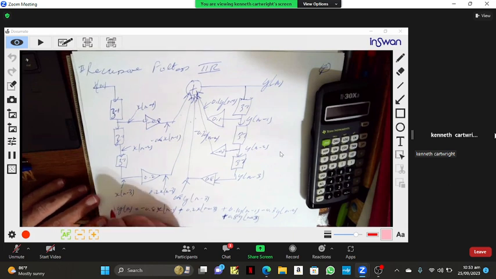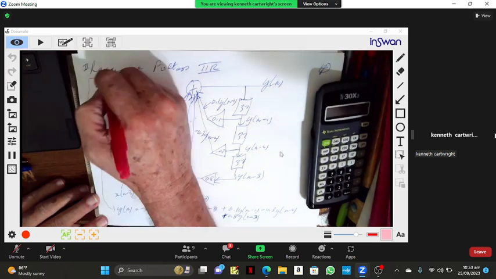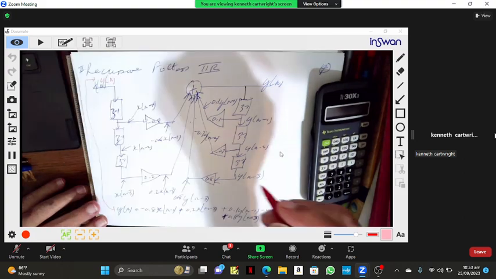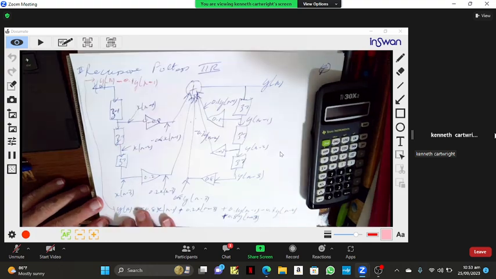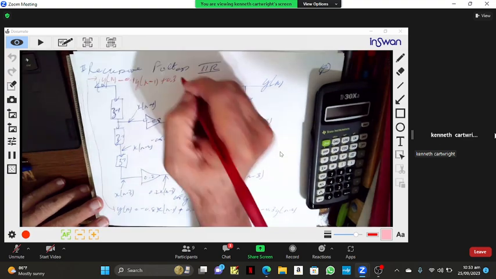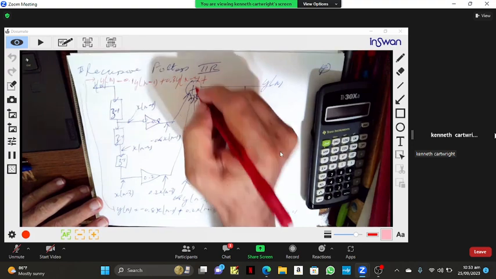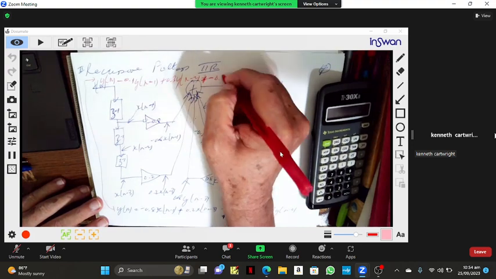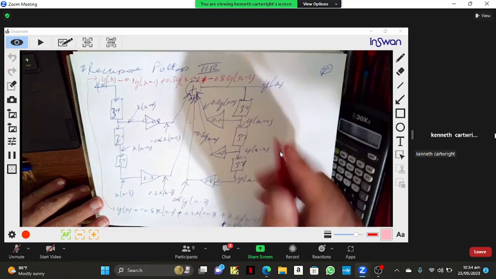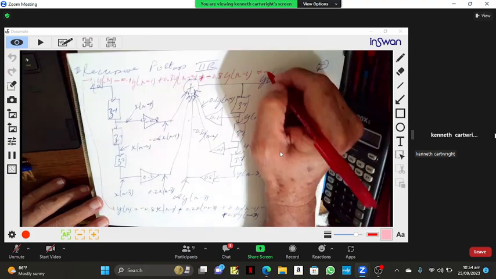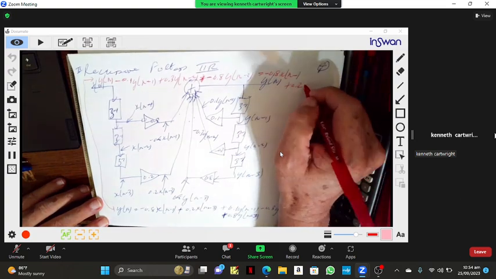So from here we have y of n minus 0.1 y of n minus 1 plus 0.3 y of n minus 2 minus 0.8 y of n minus 3 equals negative 0.8 x of n minus 1 plus 0.2 x of n minus 3.